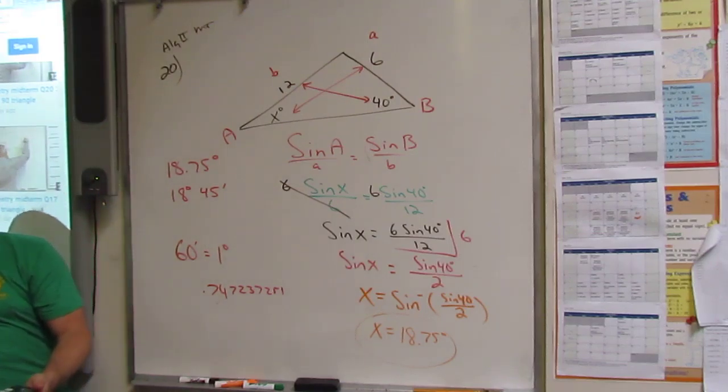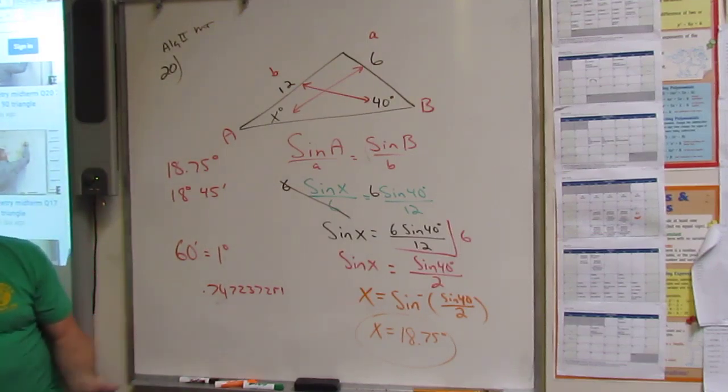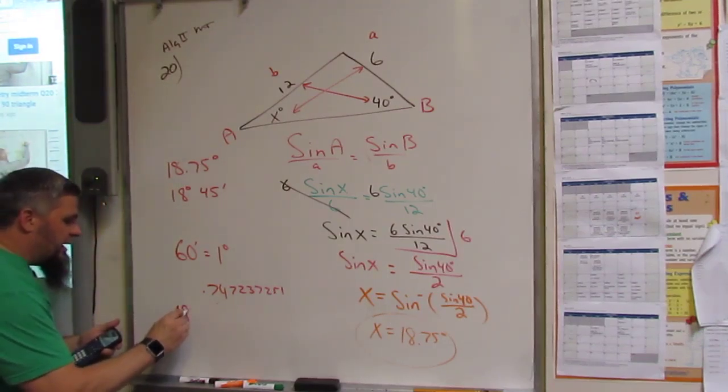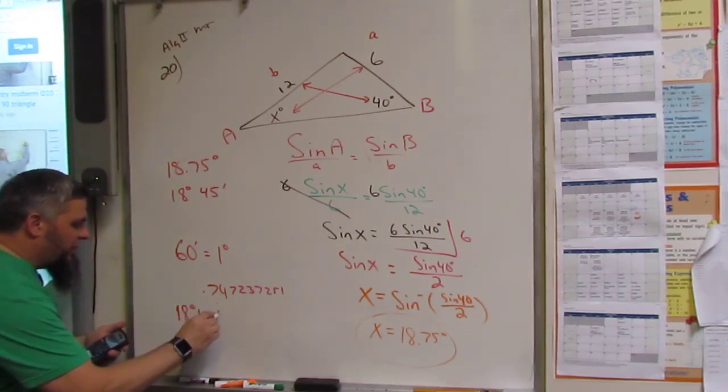And I can take that and multiply it by 60, right? So times 60, and I get 44, so I get 18 degrees and 44 minutes.